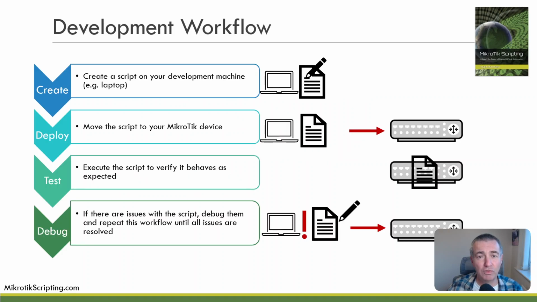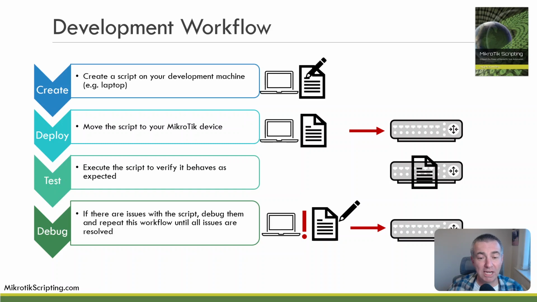So just to recap on the development workflow that we covered in the last lesson, it's a 4-stage process. We're going to create our script initially on a development machine, something like a Windows laptop, Mac OS, or a Linux laptop. It's just a simple file that we create, and then we push that across to the Mikrotik in our deployment stage.